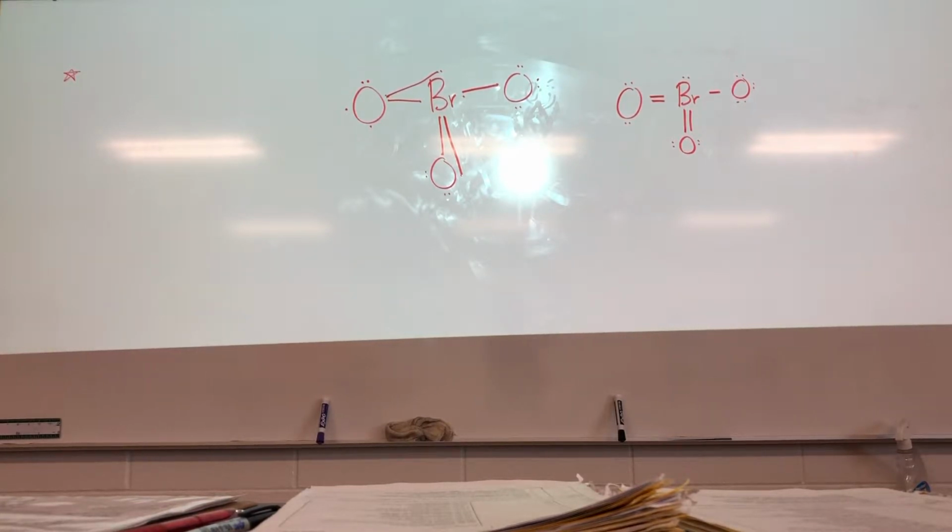Because bromine is 2 rows down, that makes it lower than oxygen.